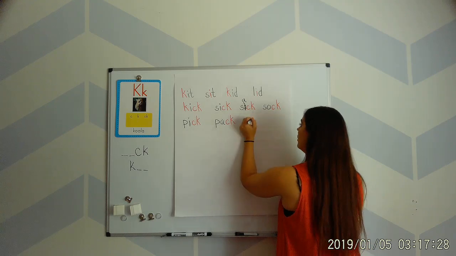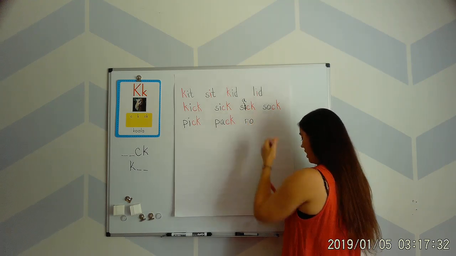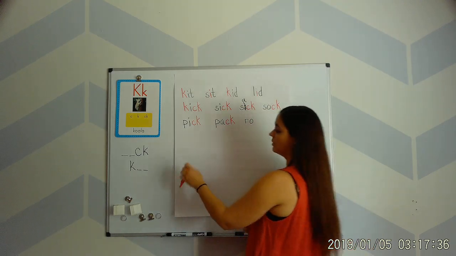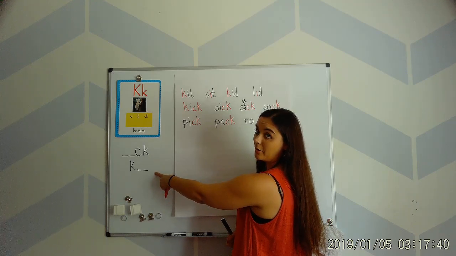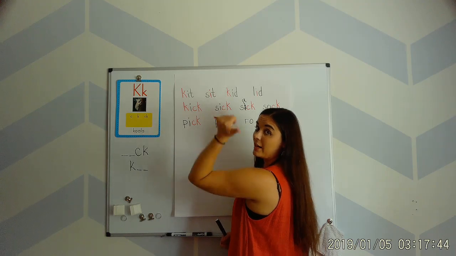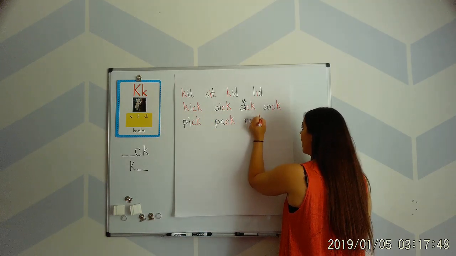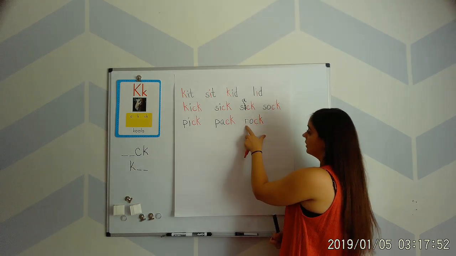Okay, that's an O. Rock. So, how are we going to spell it? Put a thumb in the air if you think it is K. Alright. Put a thumb in the air if you think it is CK. Alright, CK, yeah. It's going to be at the end of the word rock. So we have to spell it with a CK. Let's blend.